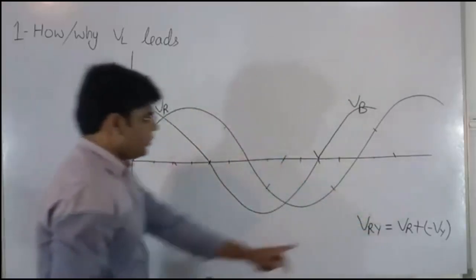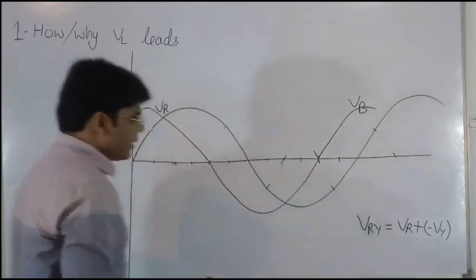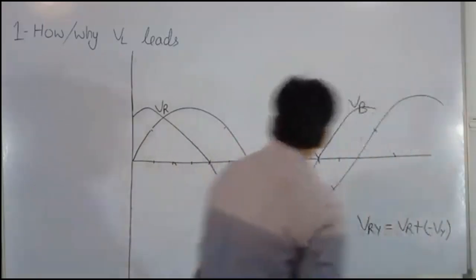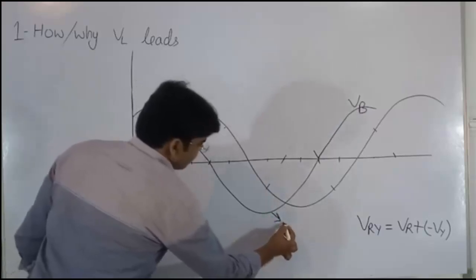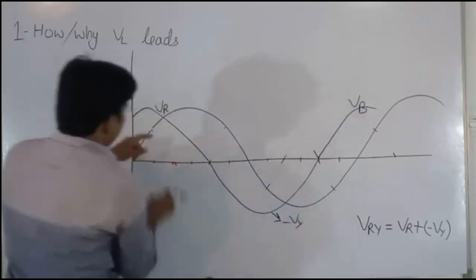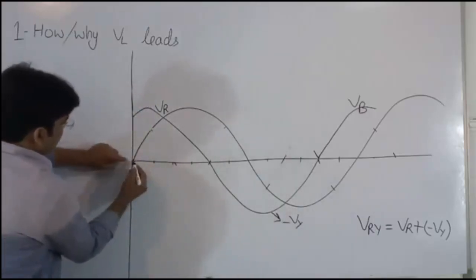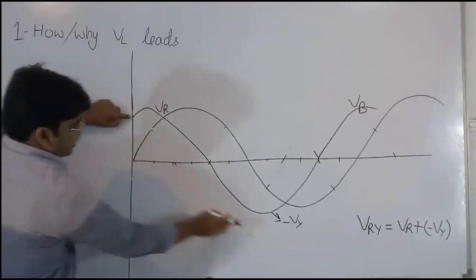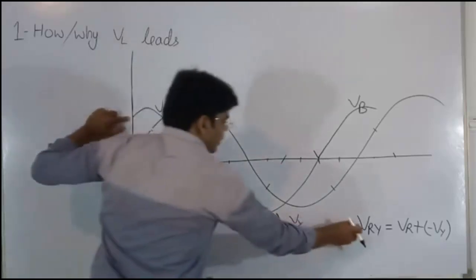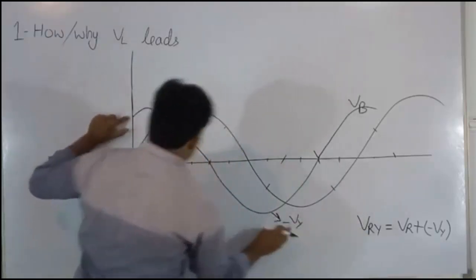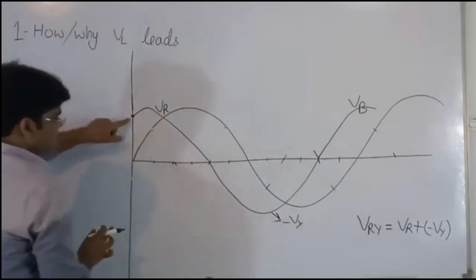Now VRY equal to VR plus minus VY, it means we have to add VR and minus VY. This is minus VY. Now we will add these two waveforms. Here what is VR? 0, and here it is minus VY this much. So VRY will be equal to minus VY at this instant. Here it is VRY.